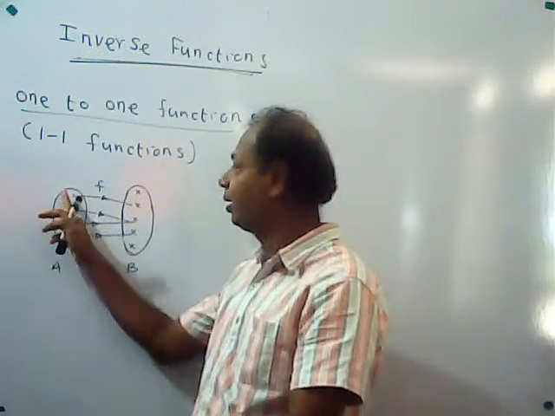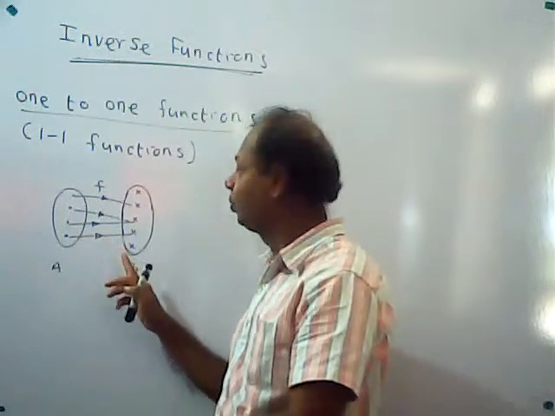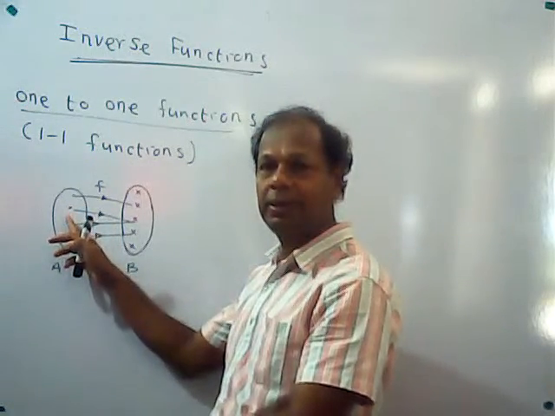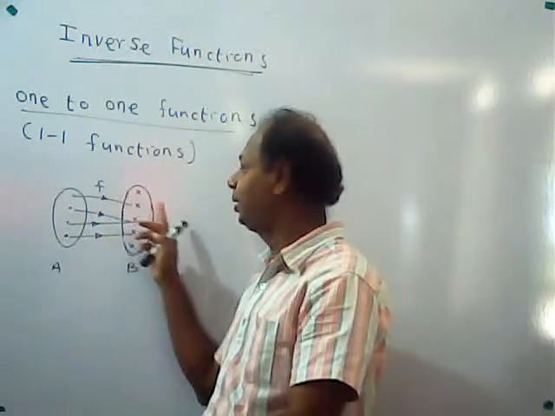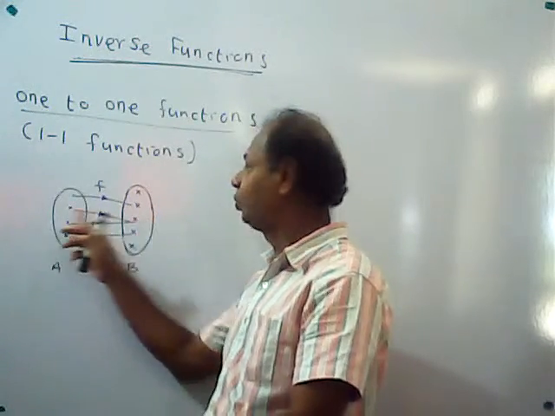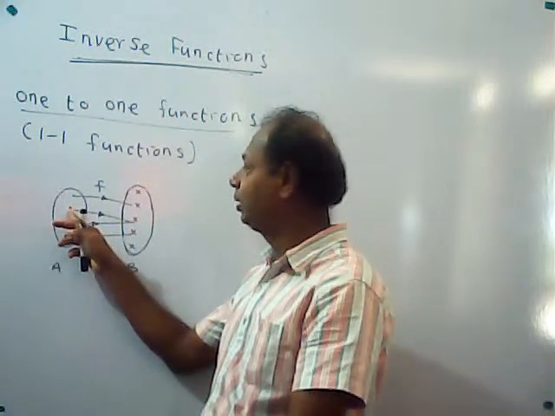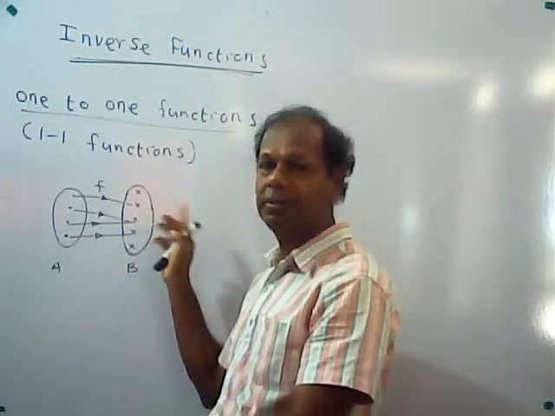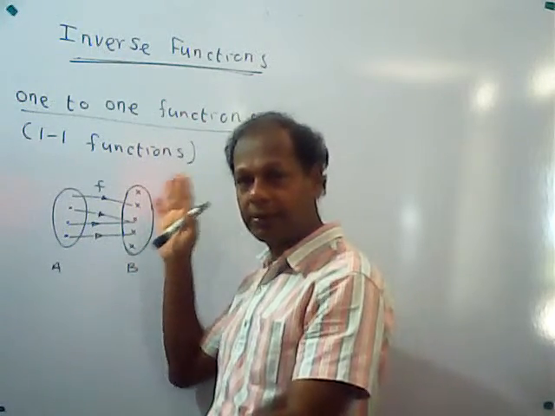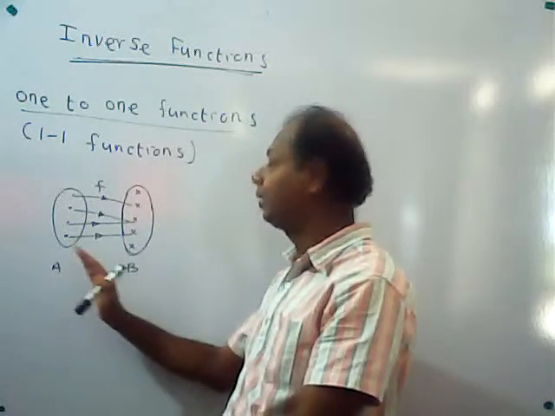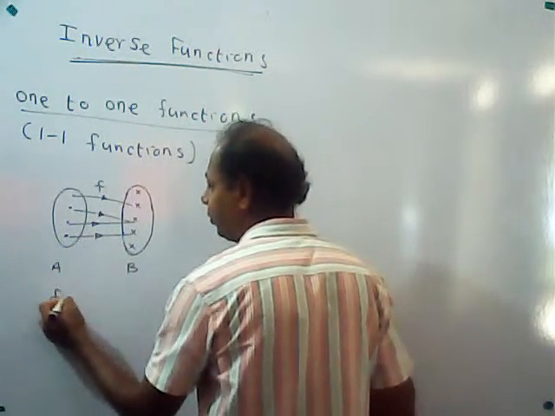In other words, there can't be elements left out in the domain, right? Rule number 2: no element in the domain can be connected to 2 elements in the codomain. So that's how we started at the very beginning, right? In that sense, in this diagram, F is a function.